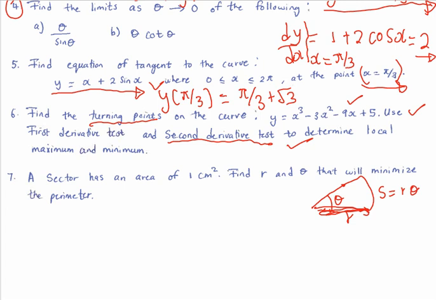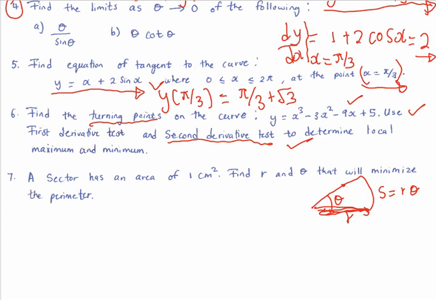Okay, so they are saying find r and theta that will minimize the perimeter. Which means find the r and theta that will give the minimum possible perimeter of the sector.